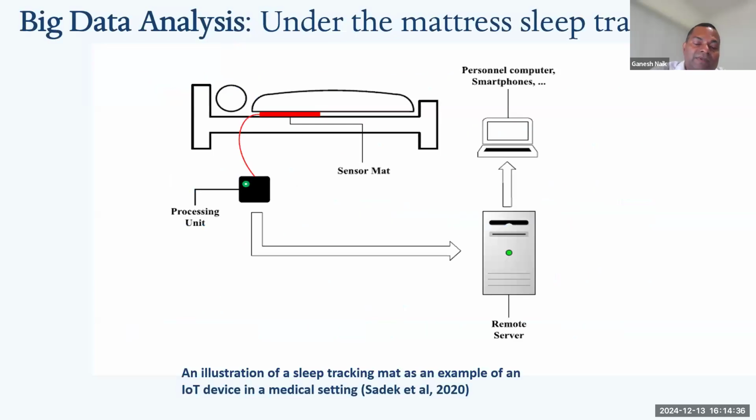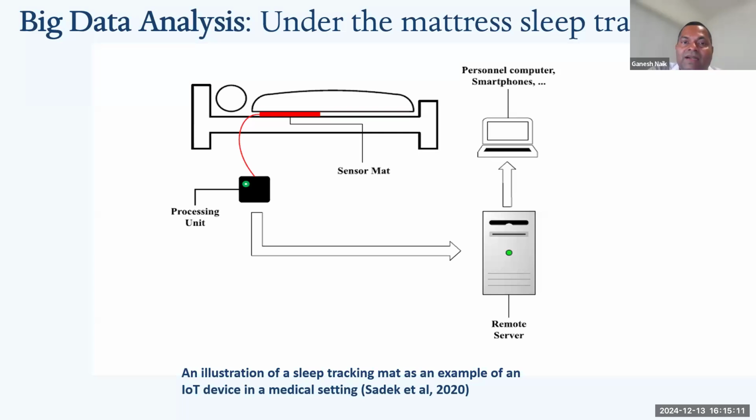So first I would like to give a brief introduction on the under the mattress sleep tracker, because these are very common these days. Traditionally, sleep related studies are done using polysomnography in sleep labs. But now because of technological advancement, we see even smart watches where we can detect sleep.